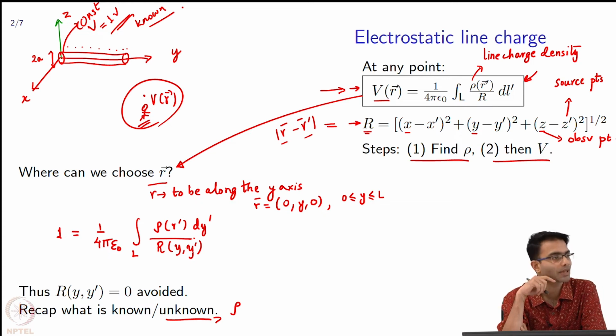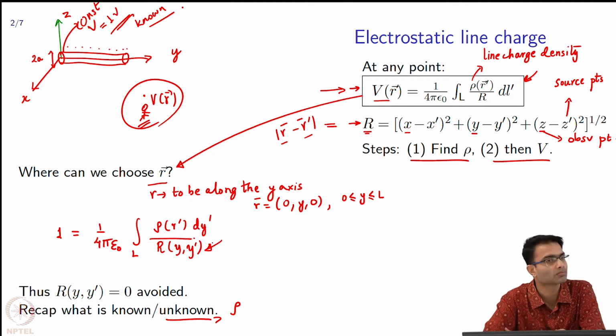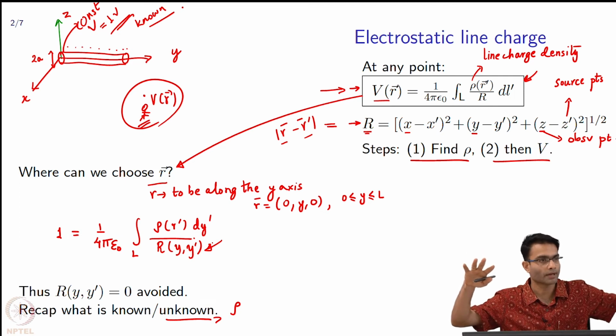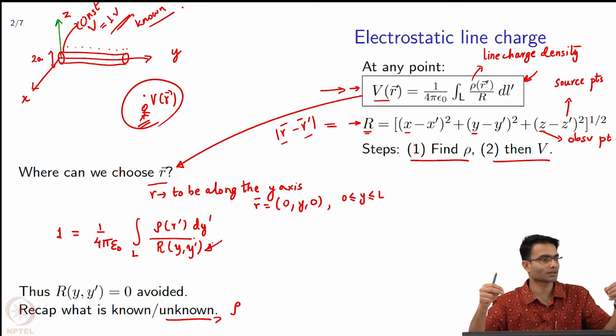So, notice another nice thing that happened by choosing r to be this way. This denominator, will it ever go to 0? No, right, because I have said the sources are on the surface of the conductor and the r that I have chosen is on the axis of the conductor, right.